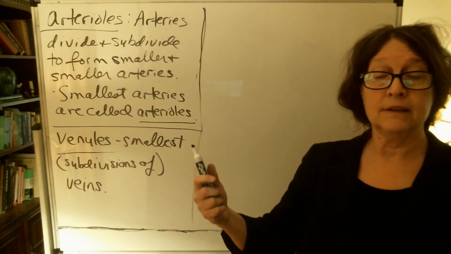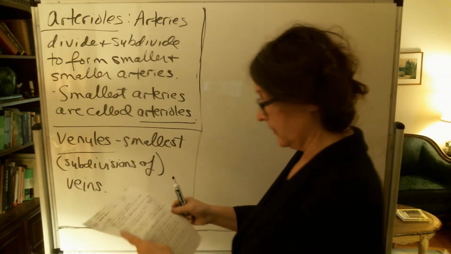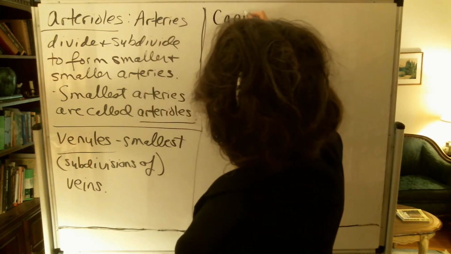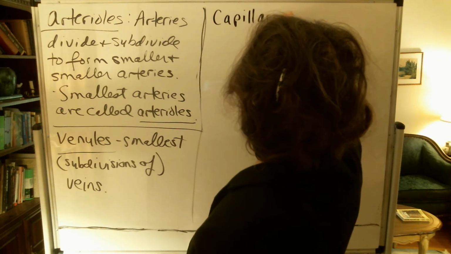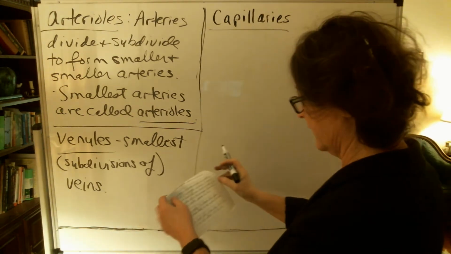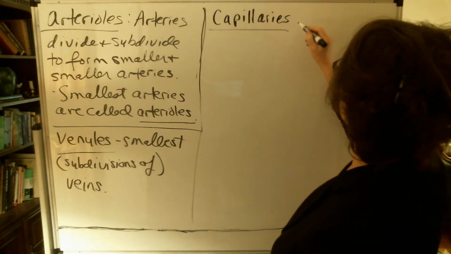How does the blood get between one and the other? This, of course, is where your capillaries come in. So the capillaries then go like this.